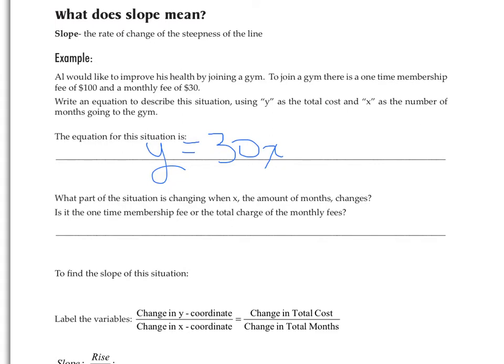To his monthly cost, we're going to add the one-time fee of $100. So this would be the equation, y equals 30x plus 100. This is where y represents his total payout, x represents how many months he's joining for.